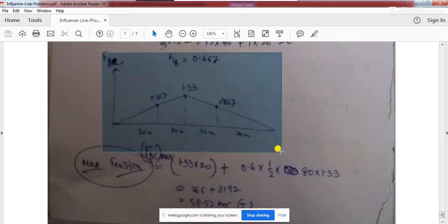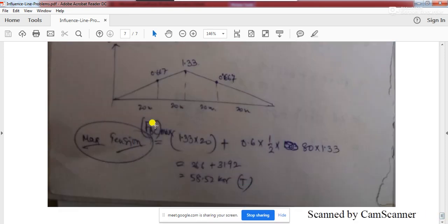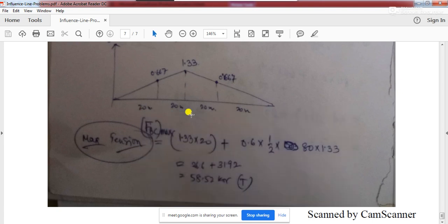Okay, this is another good problem, and for that problem you see this is the influence line diagram, and for that influence line diagram I have shown you how to find out the effect of this point load. The things remain exactly the same. So at the maximum ordinate, when the point load comes over this ordinate, it will give you the maximum value of tension or compression.